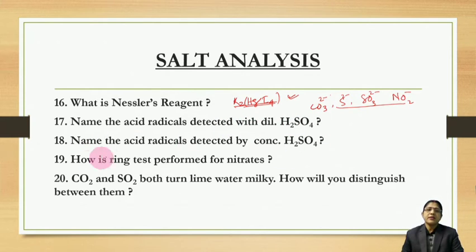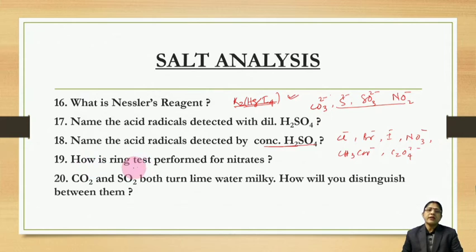Then name the acid radicals detected by concentrated sulfuric acid: all halogens, Cl minus, Br minus, I minus, nitrate NO3 minus, acetate CH3COO minus, and oxalate C2O4 2 minus. These are detected by concentrated sulfuric acid.